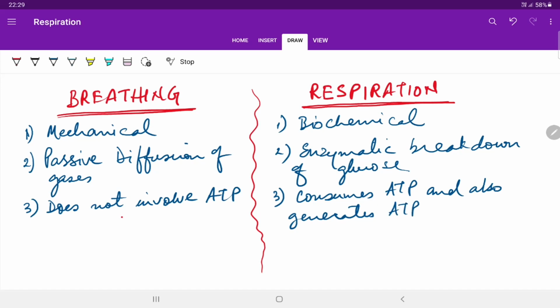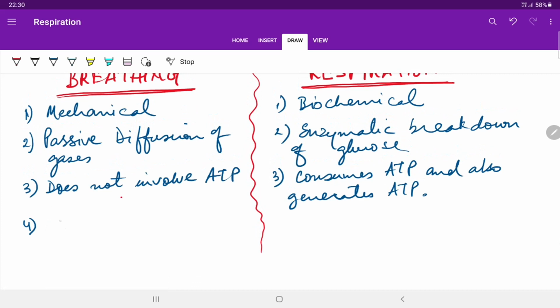The biochemical process involving glycolysis and the Krebs cycle consumes ATP because most of the enzymatic activities require energy, they are energy driven processes, but at the same time respiration generates ATP. Breathing takes place at organ level, whereas respiration takes place at cellular level.